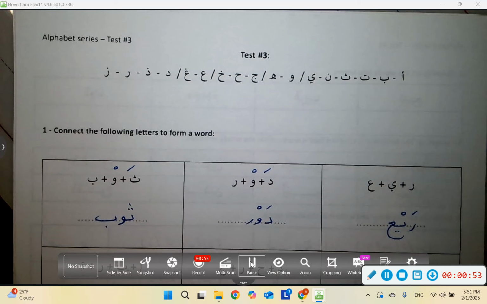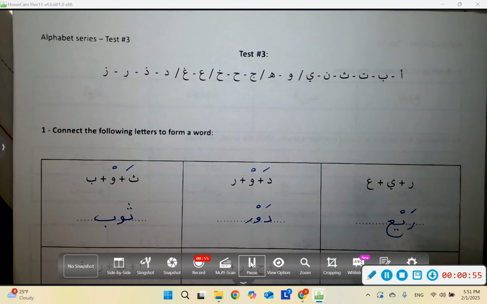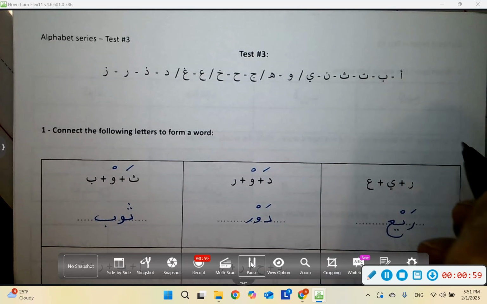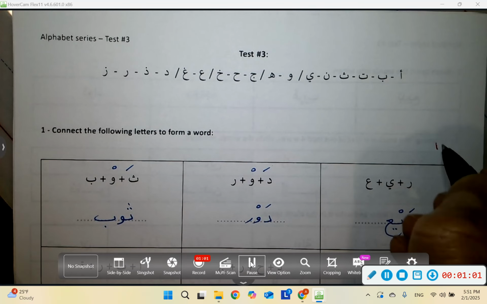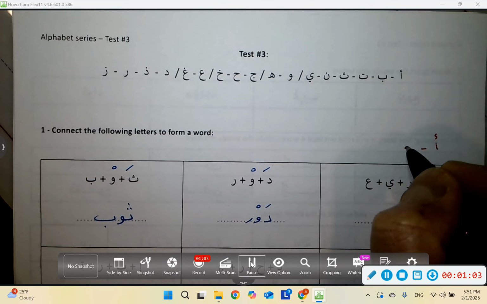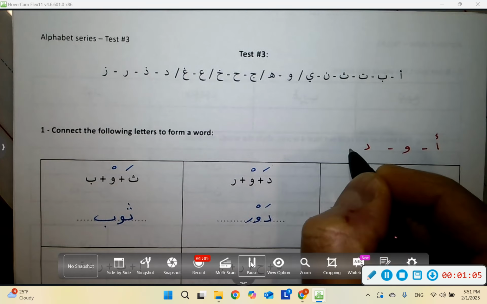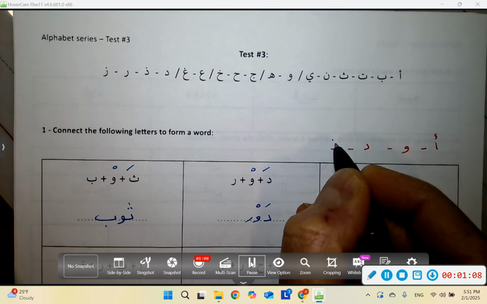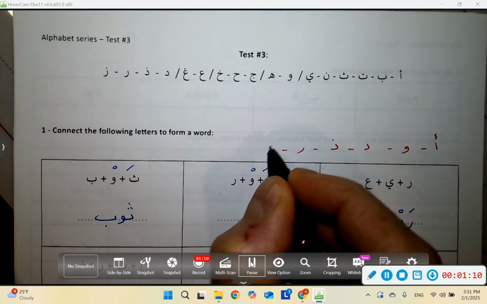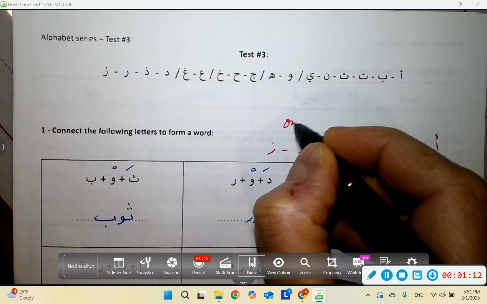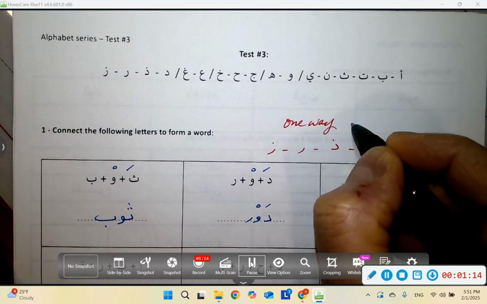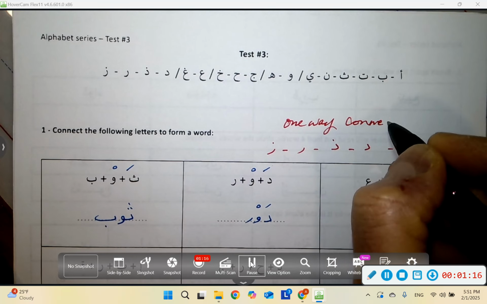Now, if we look at دور, if we remember, we have 6 letters that don't connect to the following letter, and we call these one-way connectors.